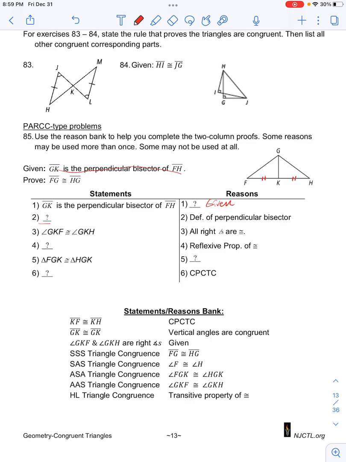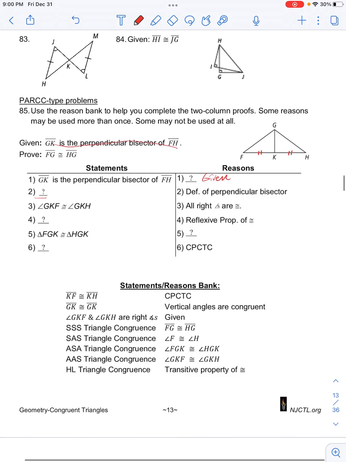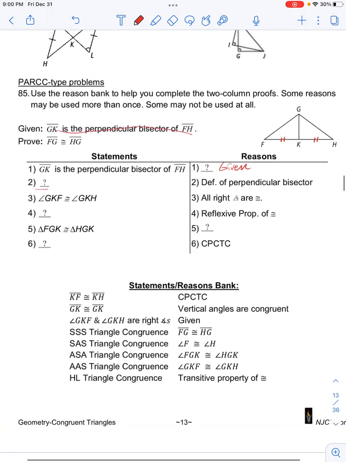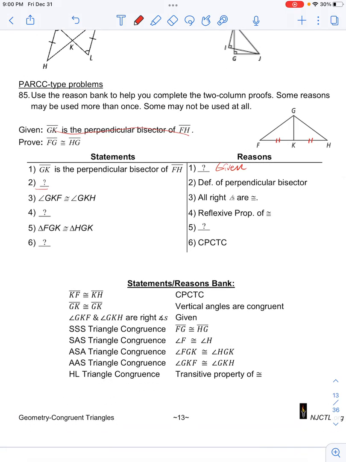There must be some kind of a relationship there, and if GK is the perpendicular bisector of FH, then we know that FK and KH must be of equal measure if FH is divided into 2 parts. So FK must then therefore be congruent to KH.